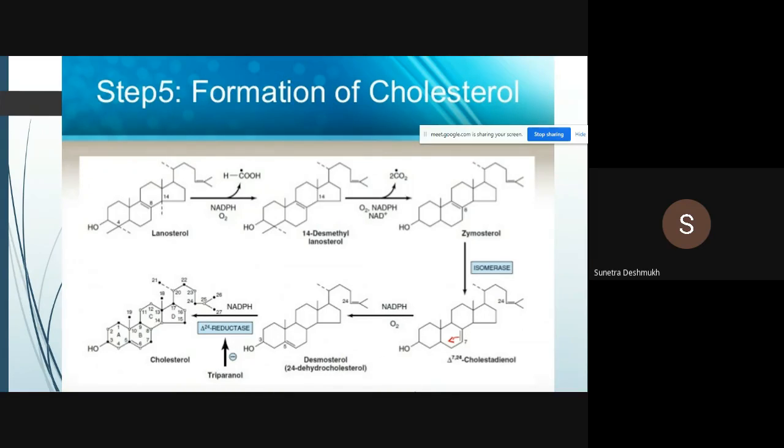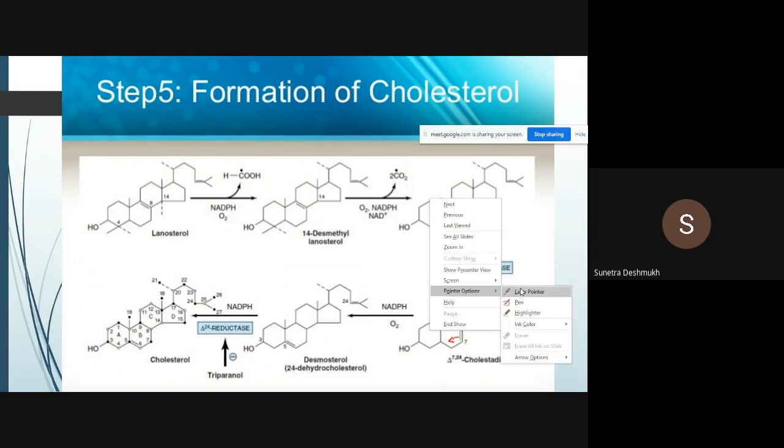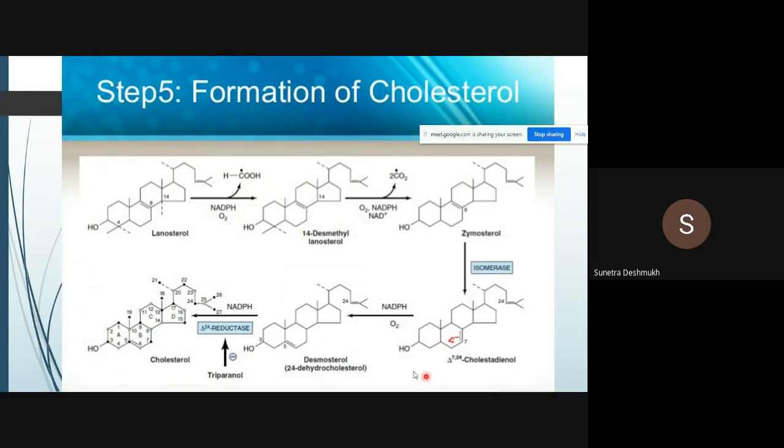We represent the presence of a double bond with the sign delta, present at the 7th carbon atom and the 24th carbon atom. The name of the structure is cholestadienol: cholestadiene because two double bonds are present, and ol because a hydroxyl group is present here.